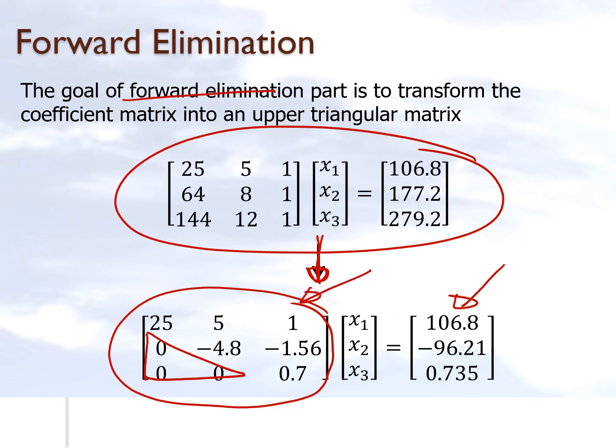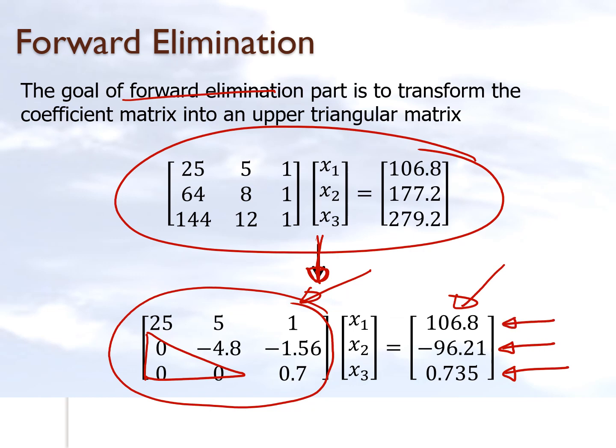But the great thing about it is why we use an upper triangular matrix. If you look at the last equation, it has only one equation, one unknown, that is x3. When you look at the second last equation, it has one equation, two unknowns, x2 and x3, but x3 has just been found out, so that reduces to one equation, one unknown.